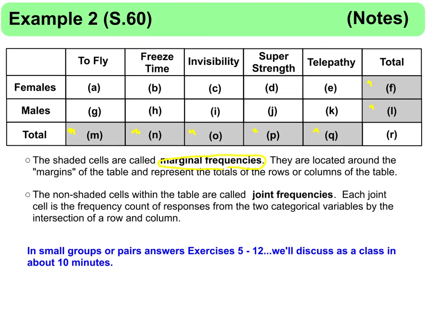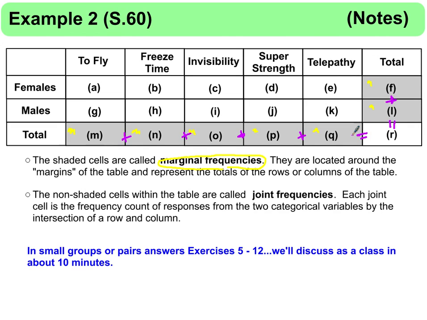What they mean by that is if I was to add up each of these pieces across here, it would sum up to equal R, same as if I was to add up F plus I, it would equal R. It allows the students a good check to make sure things are working out properly while they're working this.